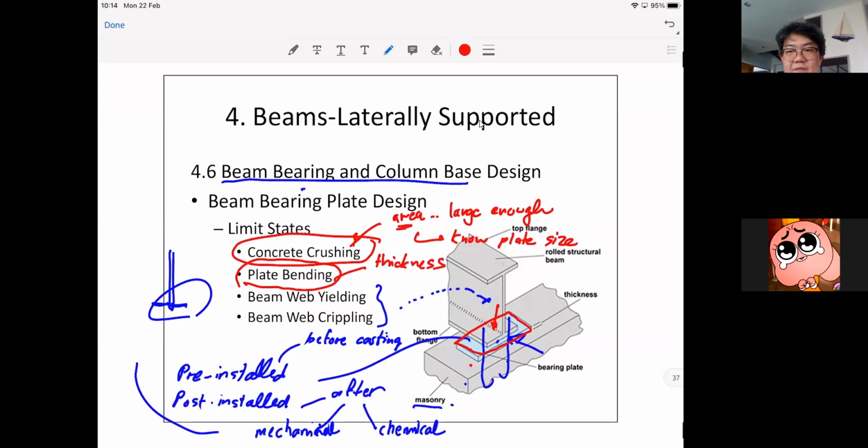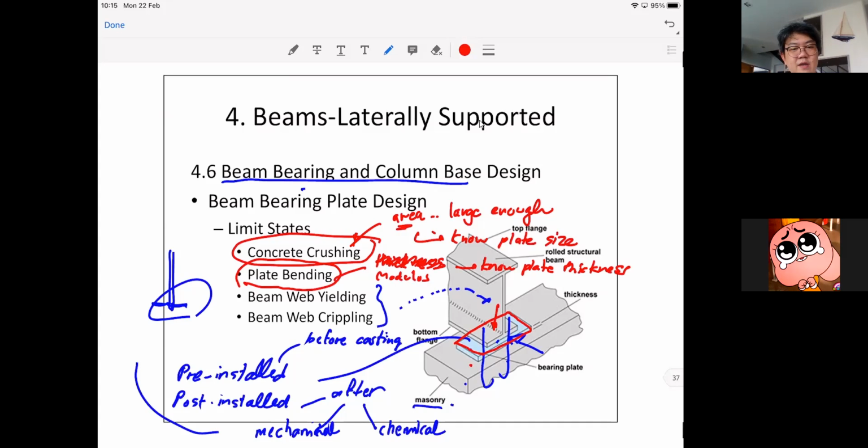If the plate is thick enough, it will not fail under the bending. Or maybe I should say it's not the thickness here, but say modulus, because it's bending. If you know the modulus of the plate, you will know how thick your plate is going to be, because you know the size from the calculation of the area to prevent the concrete failure.